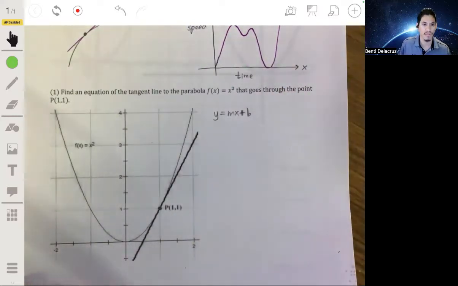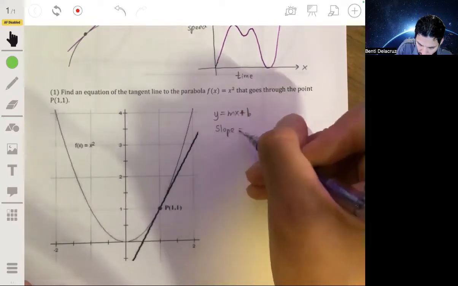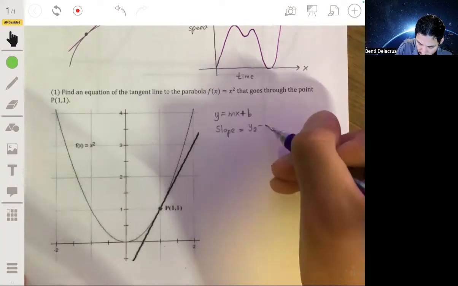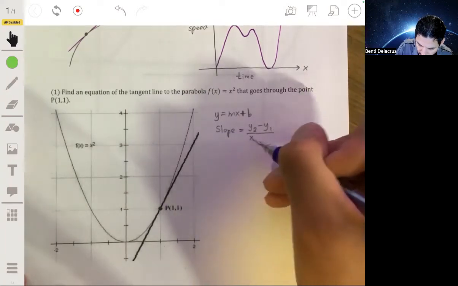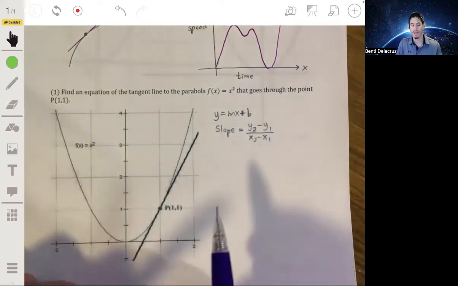Now we have to find the slope and the y-intercept. We know that slope is typically learned as y2 minus y1 over x2 minus x1, so we want to find the slope of this line first.